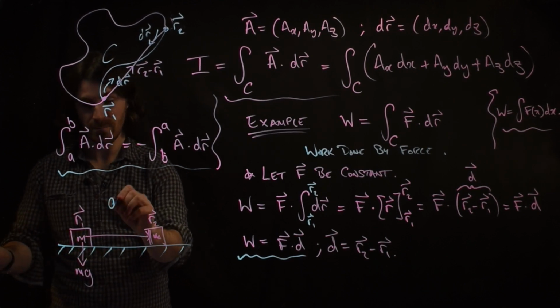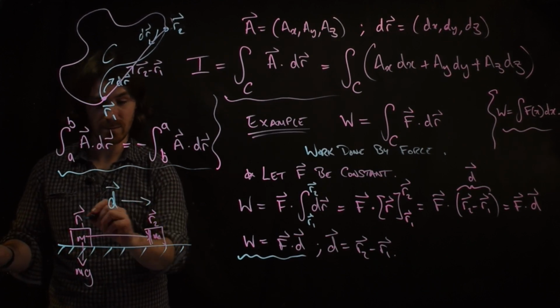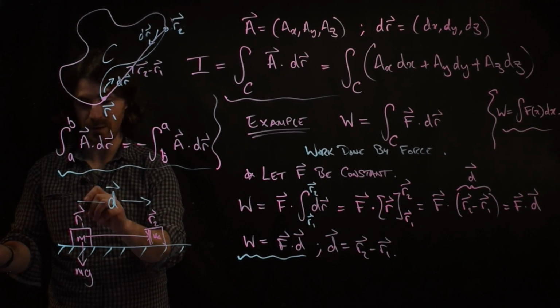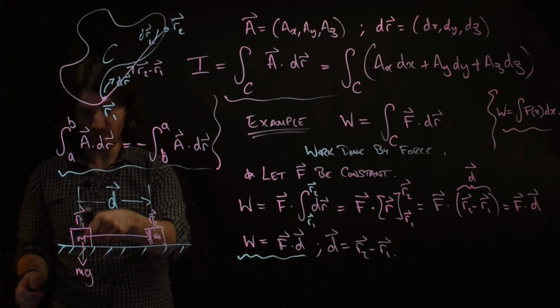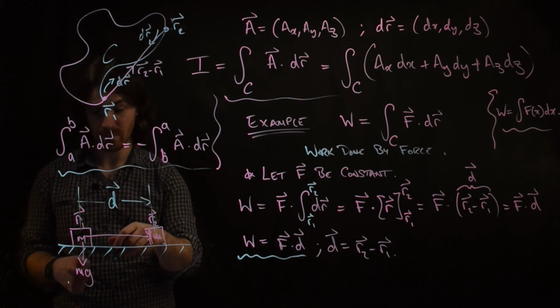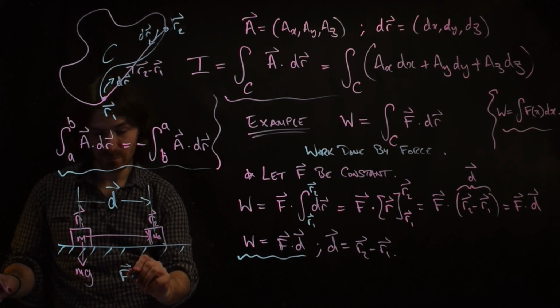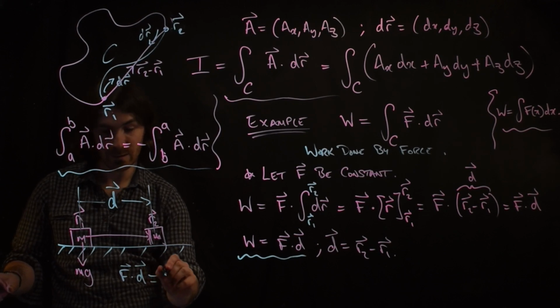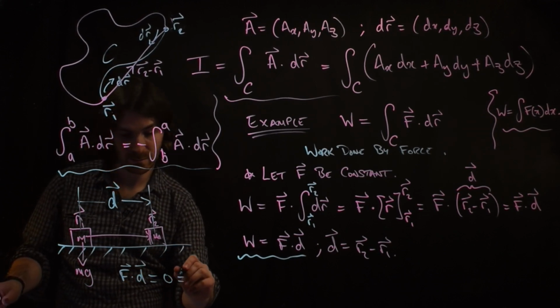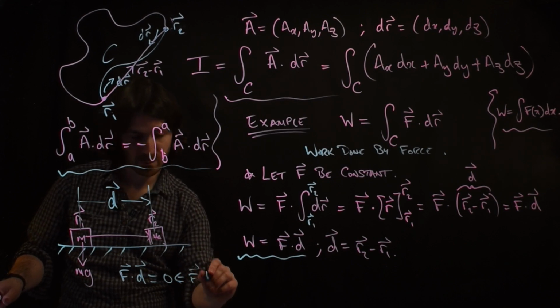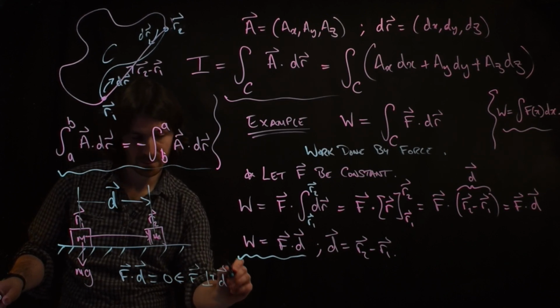So d here is the vector from this point R1 to this point R2, and here the force of gravity dotted with d, f dot d, is 0, because f is perpendicular to d.